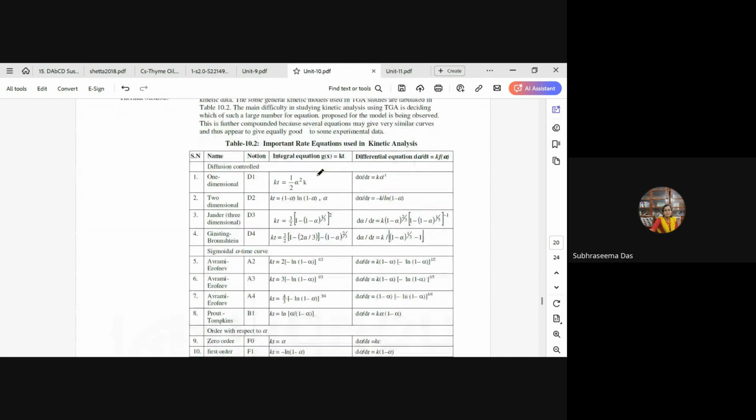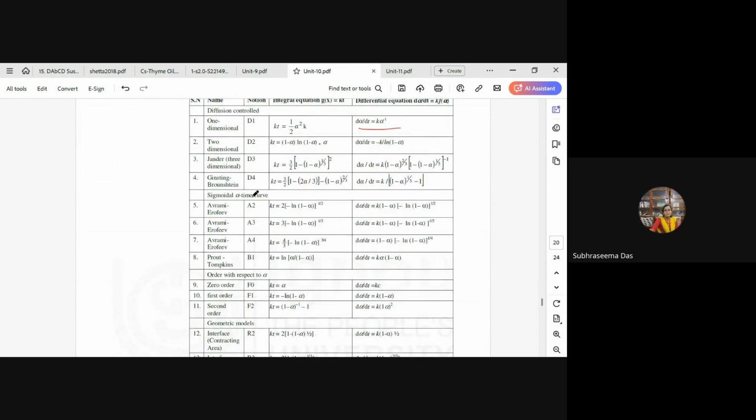So figure 10.2 shows some important rate equations used in kinetic analysis. First, for diffusion controlled processes, we can use the one dimensional equation, and this is the differential equation used. Similarly, for a sigmoidal alpha time curve, we have the Prout-Tompkins model, and the equation used is this.